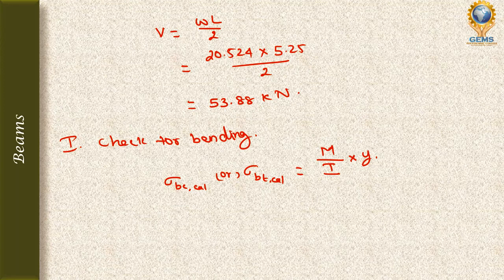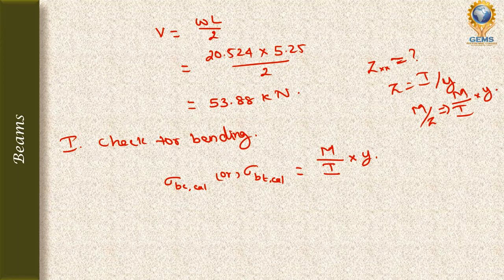In this question the Z value is not given, but the Z formula is I by Y, so M by Z is equal to M by I into Y. So what is Y?